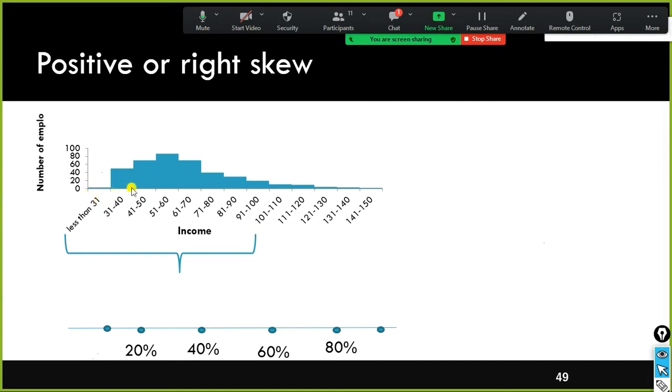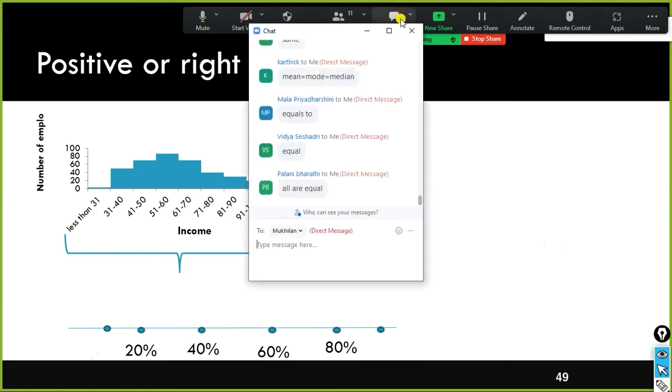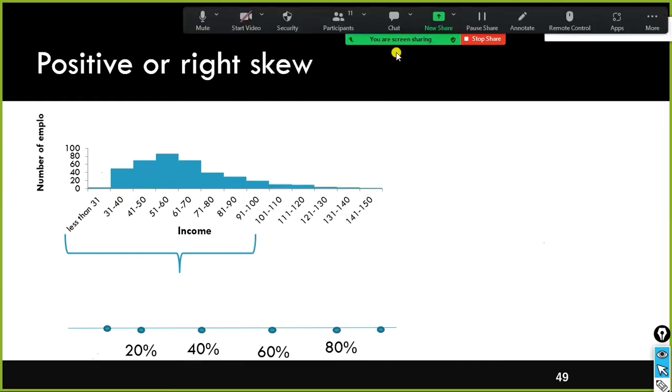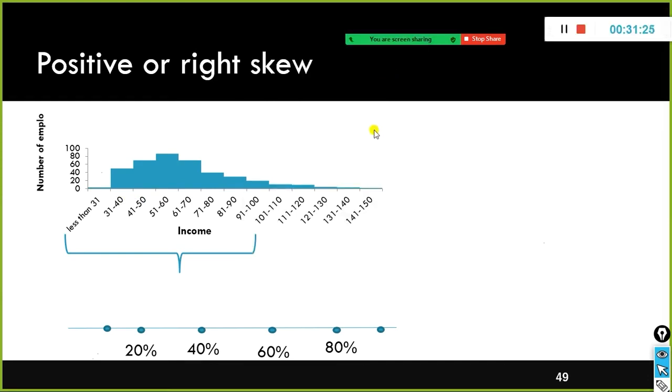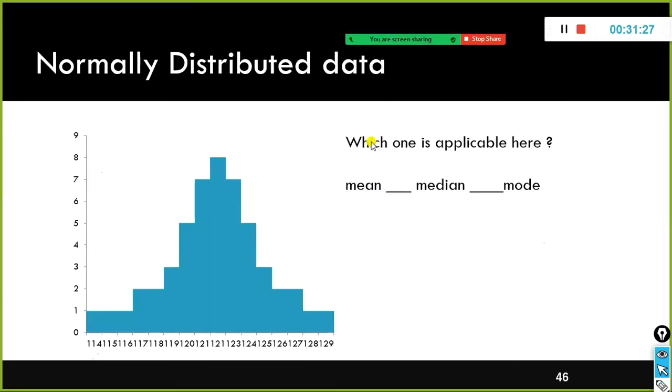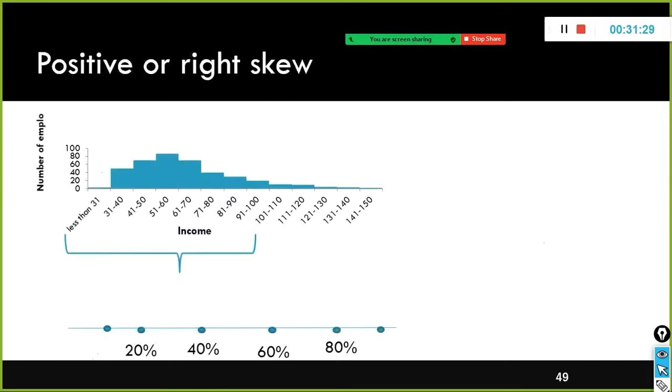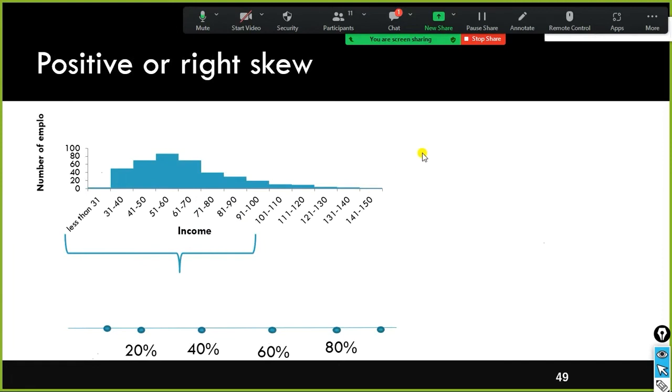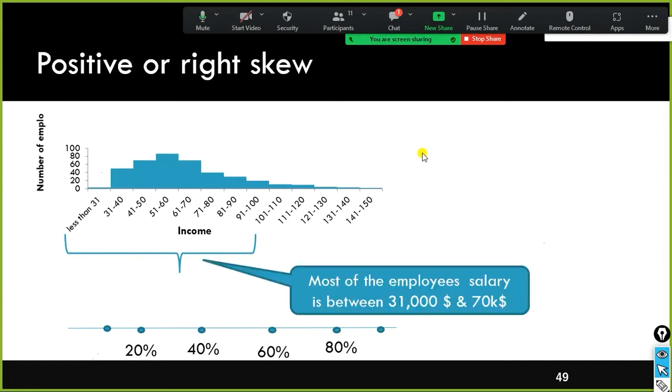Now you tell me what kind of story you can tell here. No, don't say all are equal. Like I said earlier, only a few people are getting lesser salary, only a few people are getting very high salary, and the rest are getting salary on par with their level.